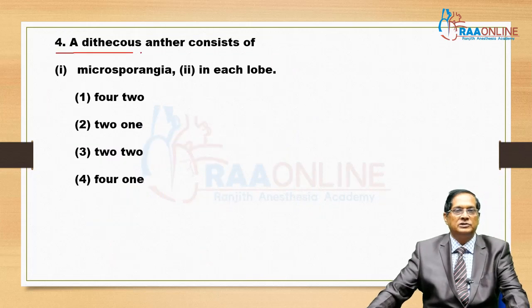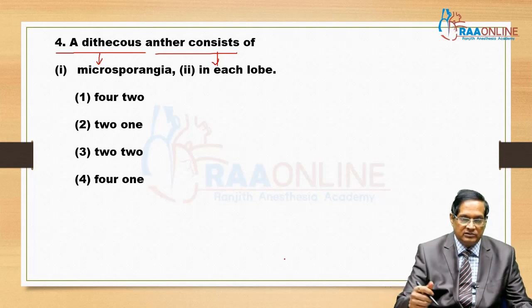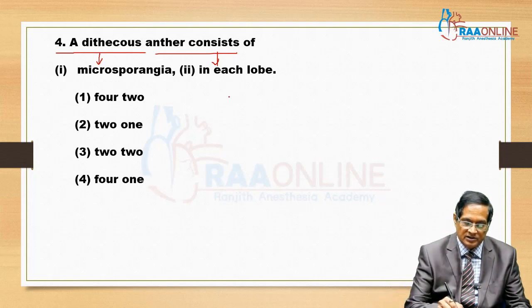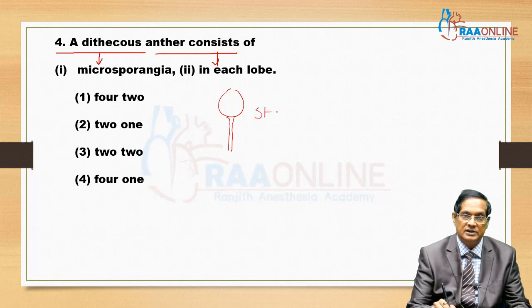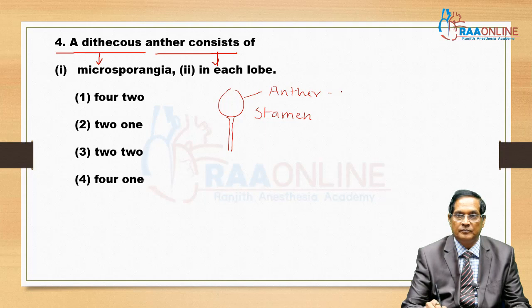Question number 4. Dithecous anther: the number of sporangia and in each lobe is asked. Dithecous anther means anther with two lobes. This is a stamen, and its upper swollen structure is the anther.